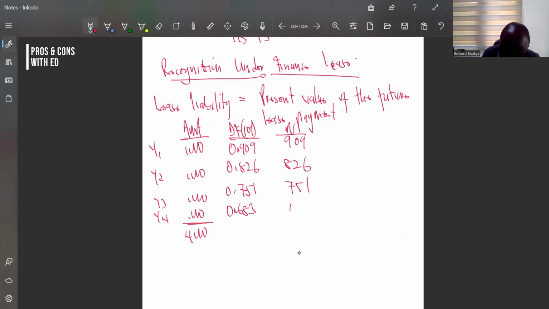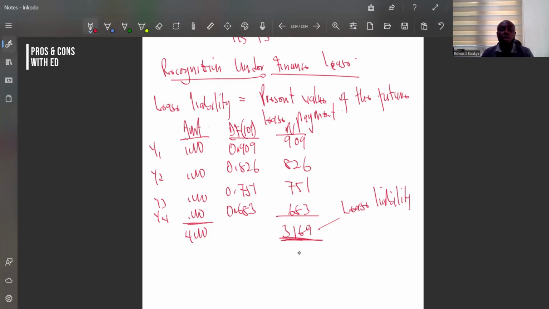And then we have 683. So what will be the present value? 909 plus 826 plus 751 plus 683 gives us 3,169. So this is our present value, and that becomes the lease liability.